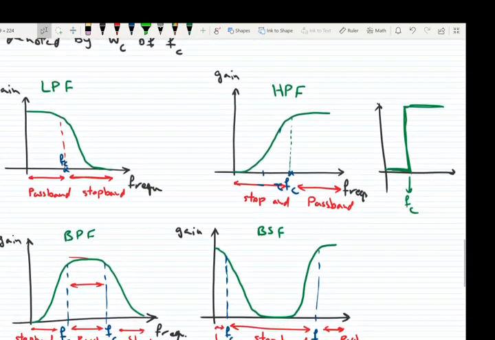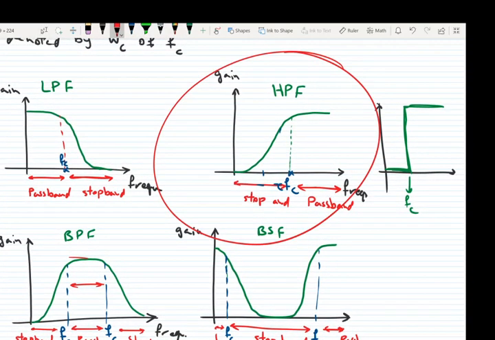So if here in this figure is the maximum, the cutoff frequency is the frequency at which the passband gain decreases by a factor of 1 over square root of 2, which is 0.7. So we can say this frequency is the cutoff frequency.